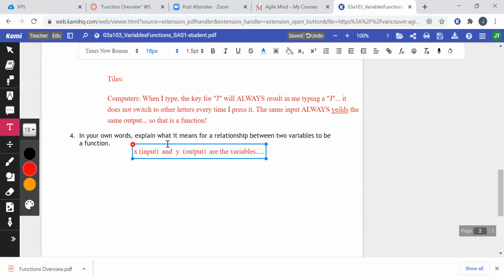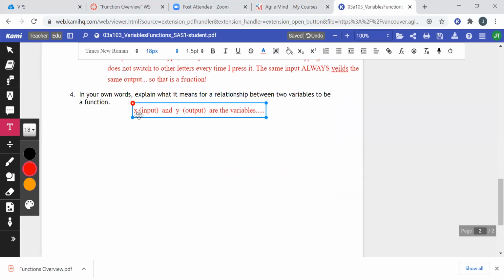So think about all that we've been talking about. And think, what does it mean for x and y to be in a function? Two variables are in a function. Now, actually, you can use it in mathematical language, but I've just been thinking about this, and this might actually be a confusing way to do it. You can also say, like, two other variables like height and weight are variables as well.